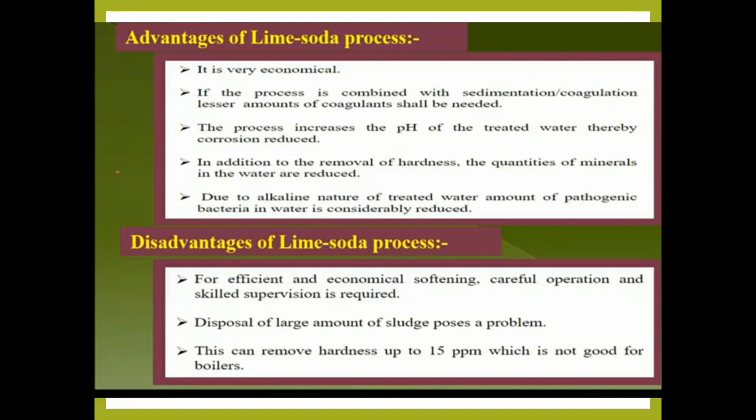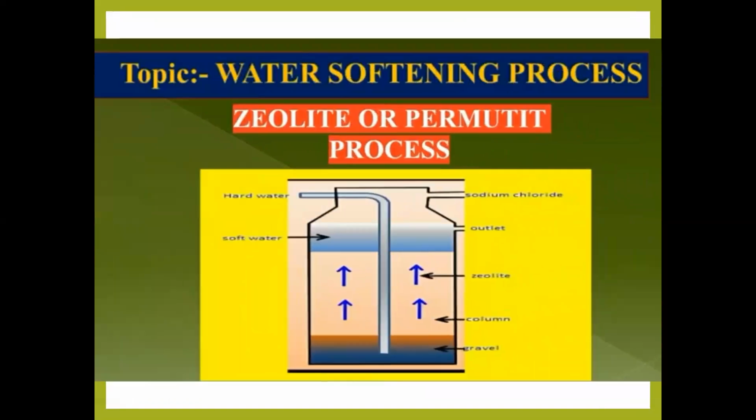This is again a problem, that we need to remove this sludge from the water. Also, this method can remove hardness only up to 15 ppm, which is not good for boilers. In boilers, the remaining hardness will settle, and the boiler can get corroded due to this. So we can say that this is not a very good method.